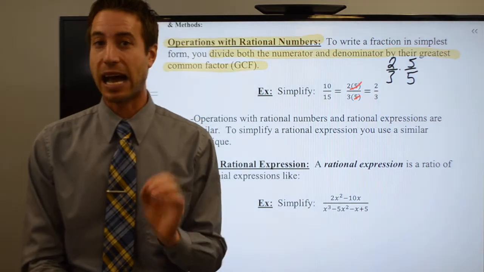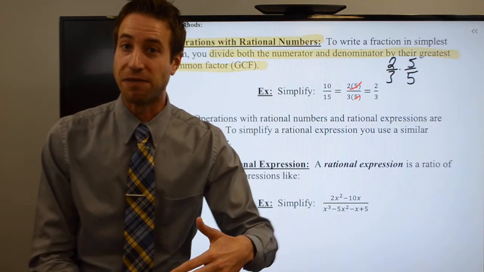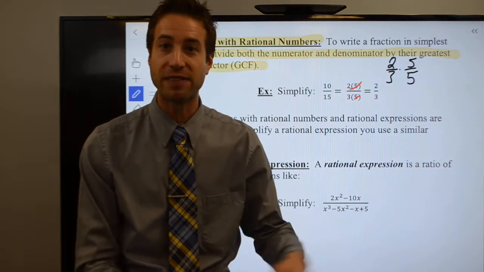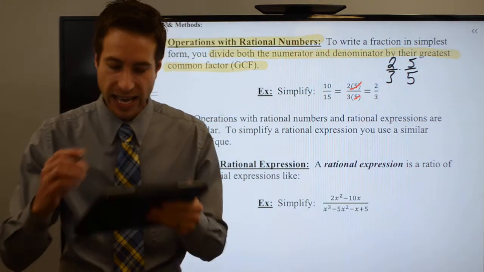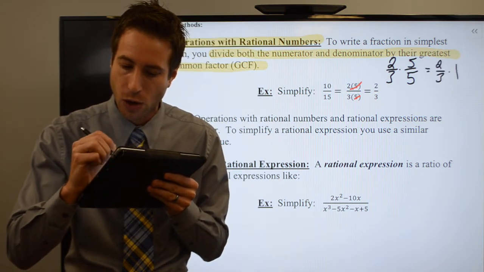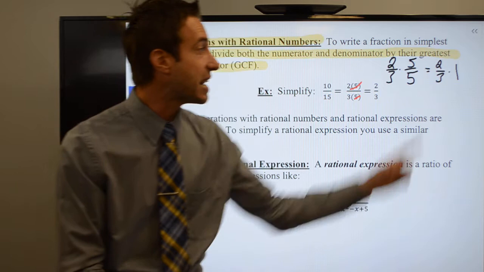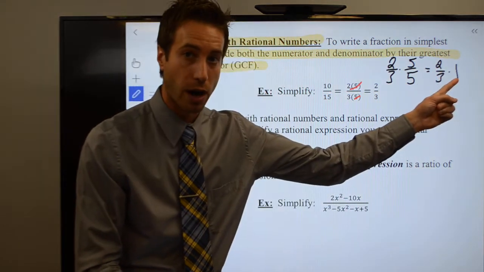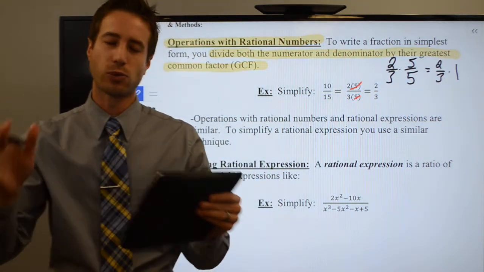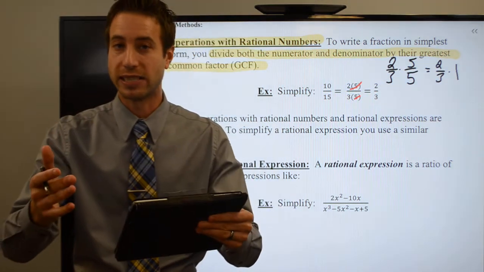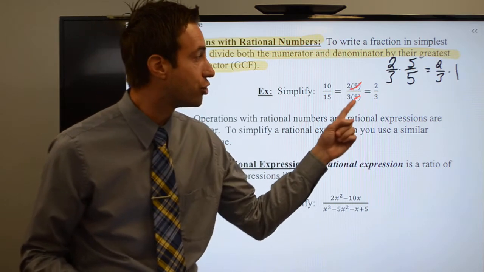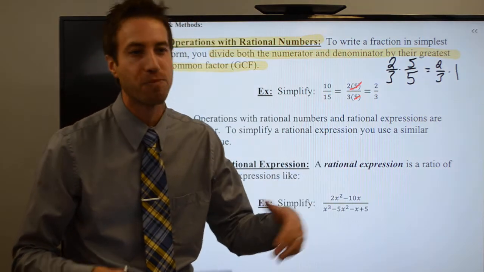But we know that in algebra, any number divided by itself is equal to 1. This 5 over 5 is actually just a 1 in disguise. And so this is equal to 2/3 times 1. And then, of course, we know that any number times 1 is itself. So here I just want to bring to your attention, yes, we will say, oh, look, those GCFs cancel each other out.